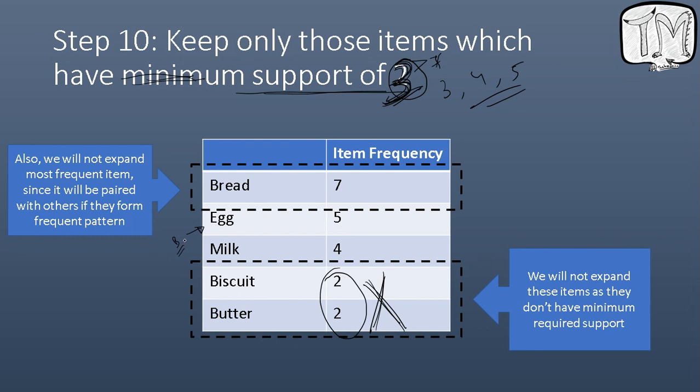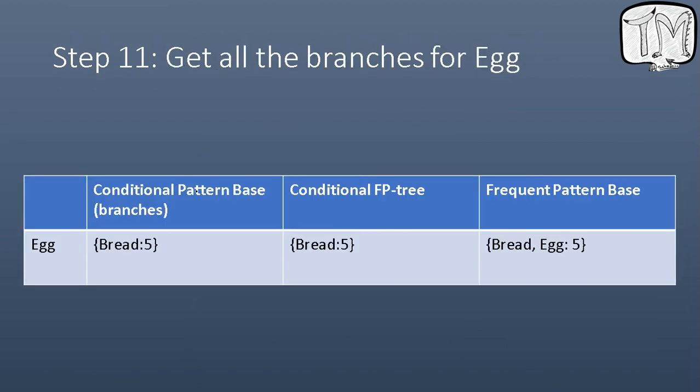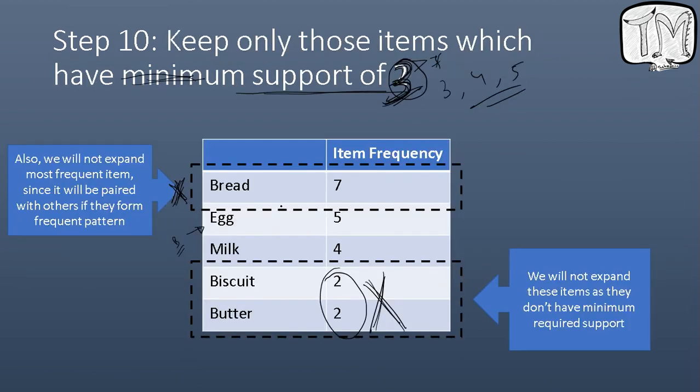So we are going to make pairs automatically for bread, and hence to avoid duplicacy, we are not going to create the item sets for bread. Okay, you will see how it may lead to duplicacy in the subsequent steps. Okay, so next, moving on. So here we are only left with egg and milk.